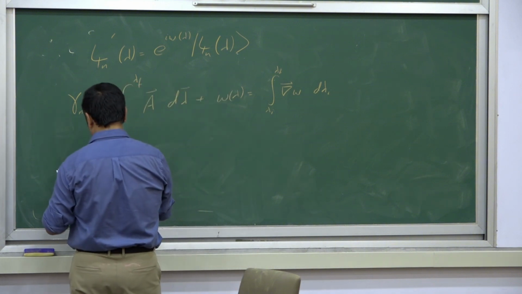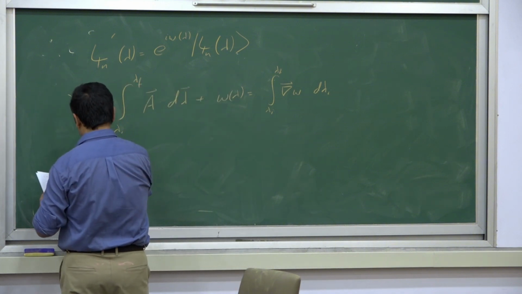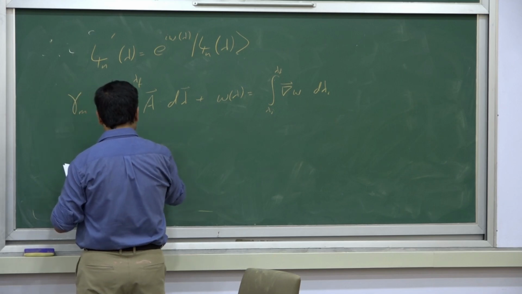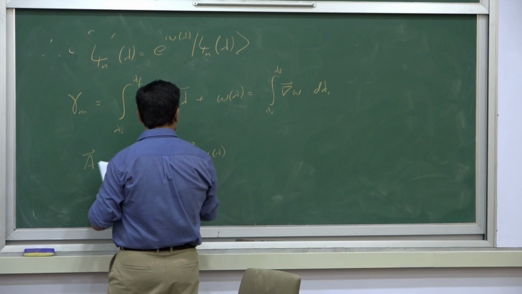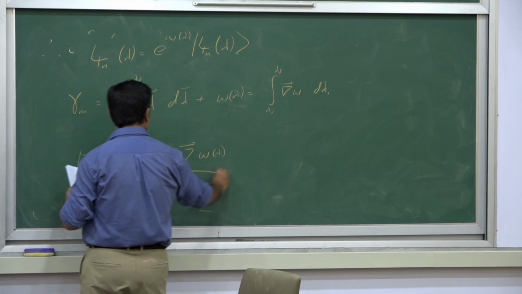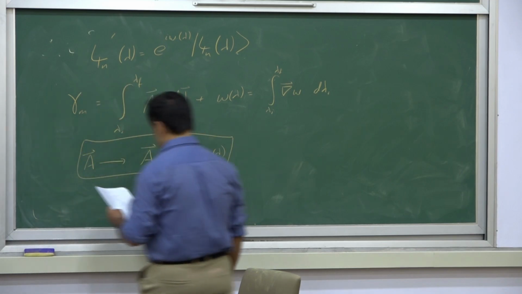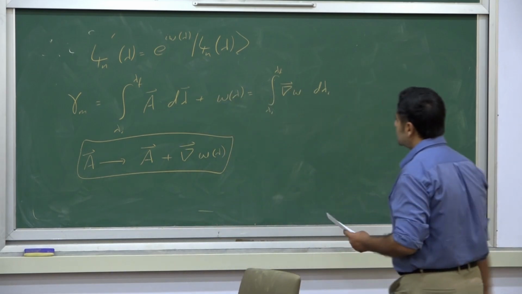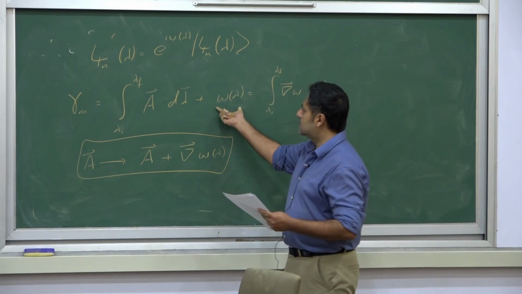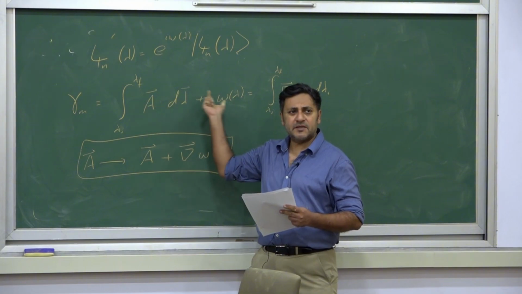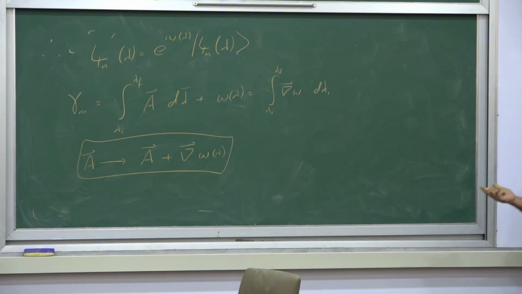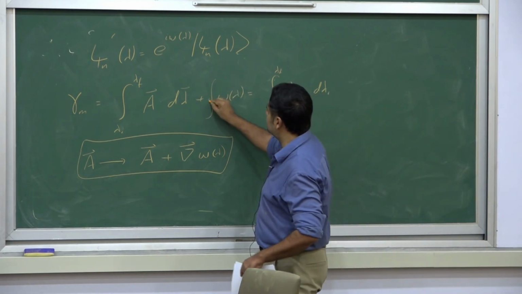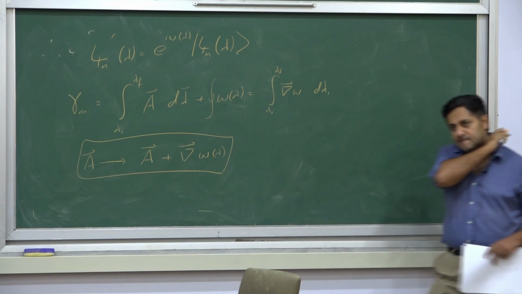And so in that sense, A is like this. And this is immaterial when I compute the holonomy, because in the holonomy, this goes away. When I make a complete circle, this goes away.